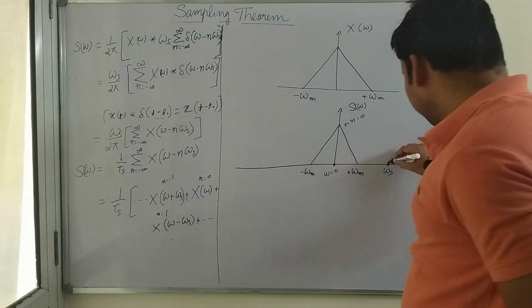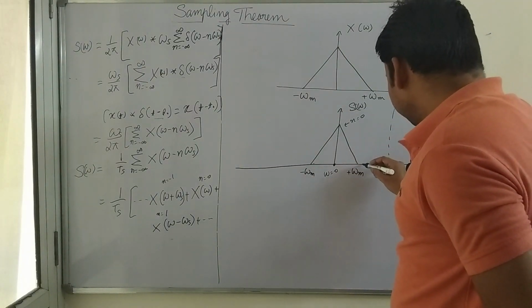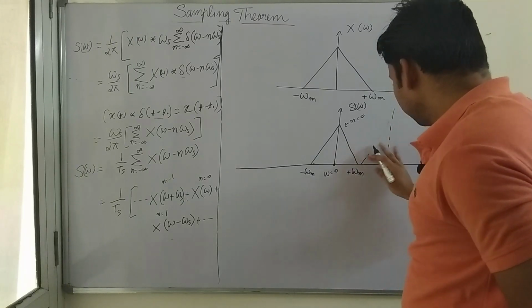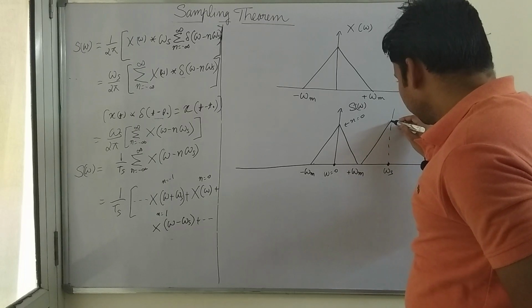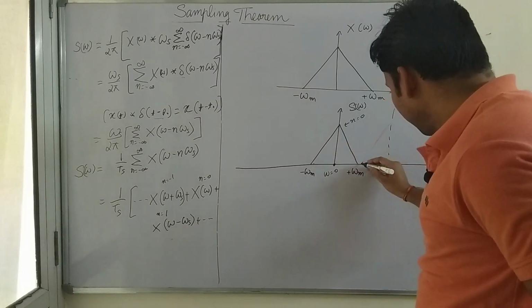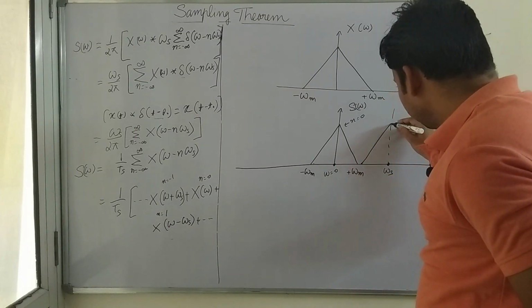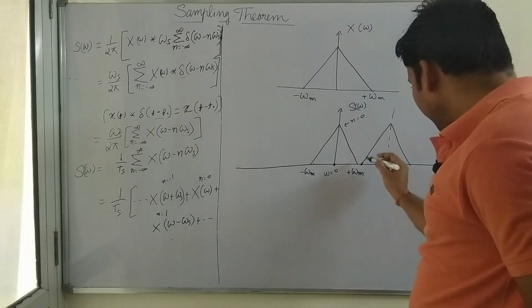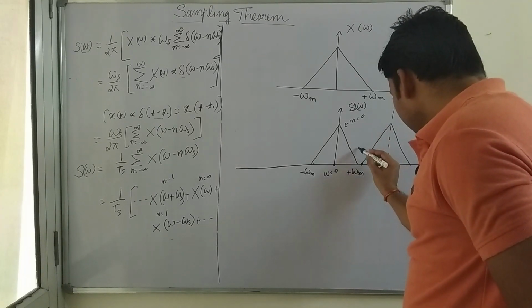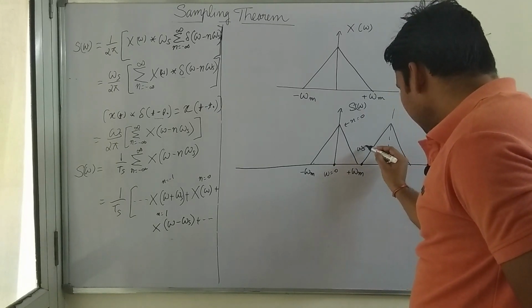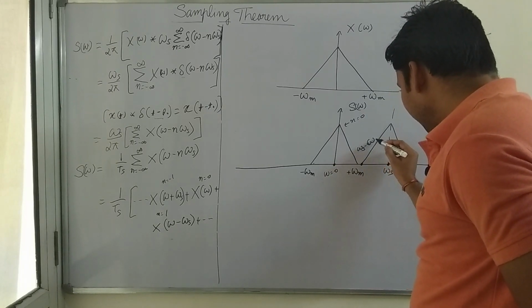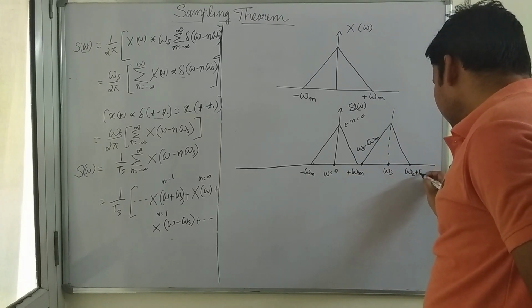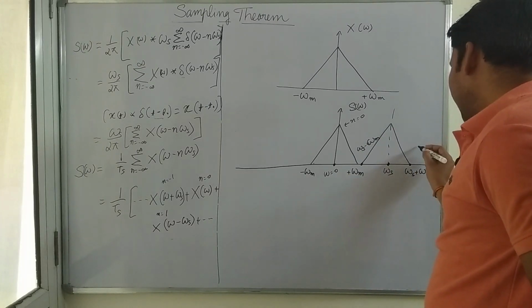So this function will be like this, and this point will be omega s minus omega m, and this point will be omega s plus omega m, and so on.